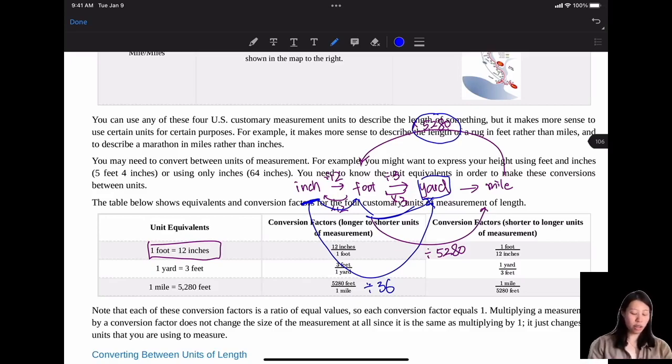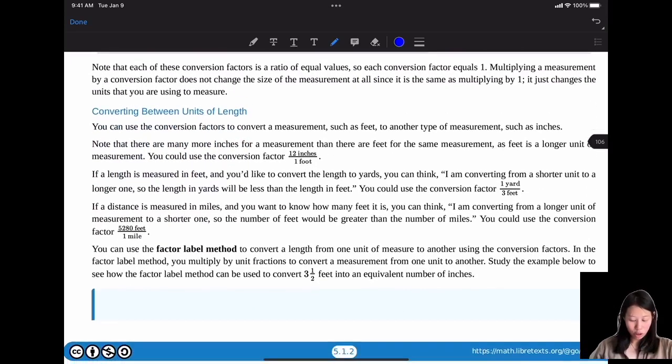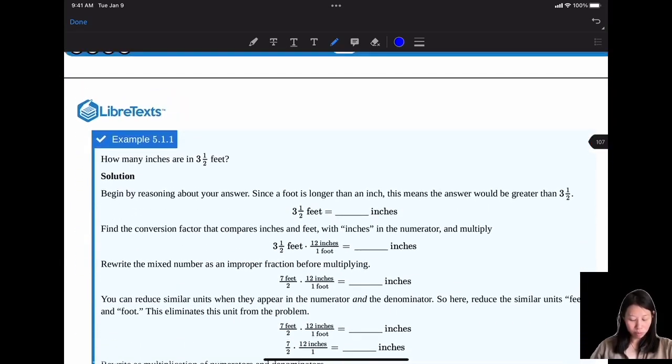Let me use a calculator. 5,280 divided by 3 is 1,760. So 1 mile equals 1,760 yards, and the conversion factor between yards and miles is 1,760.